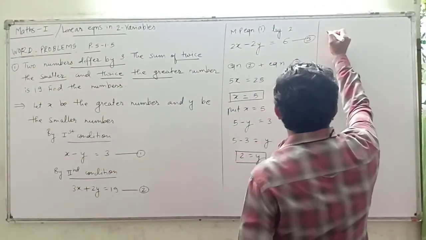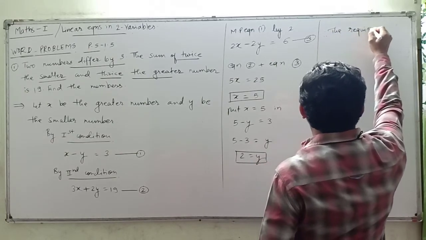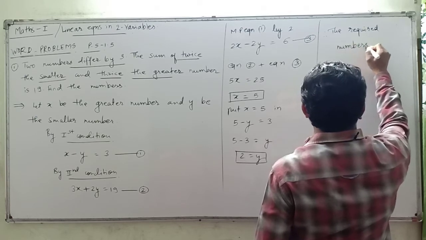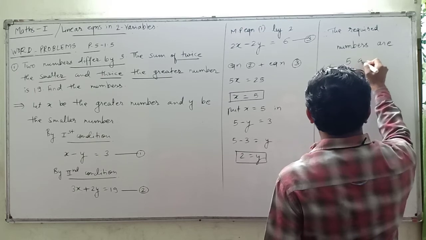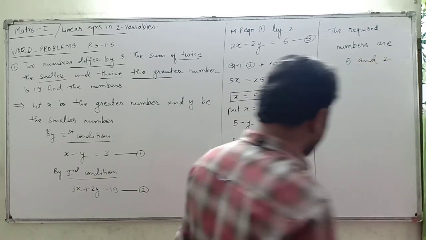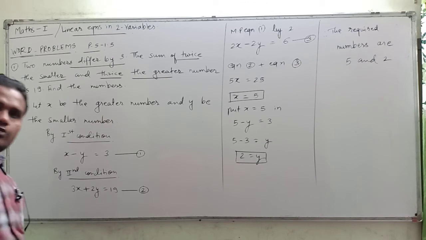Now just write down, therefore the required numbers are, you may write them in any order, 5 and 2. In this way we have completed question number 1. You may copy down the question.